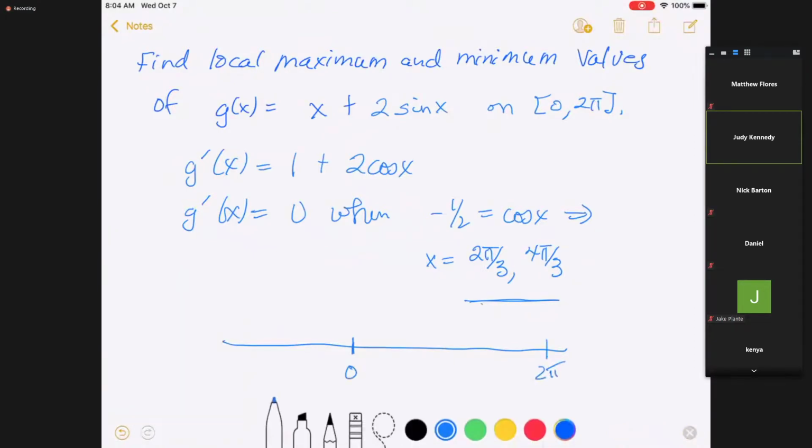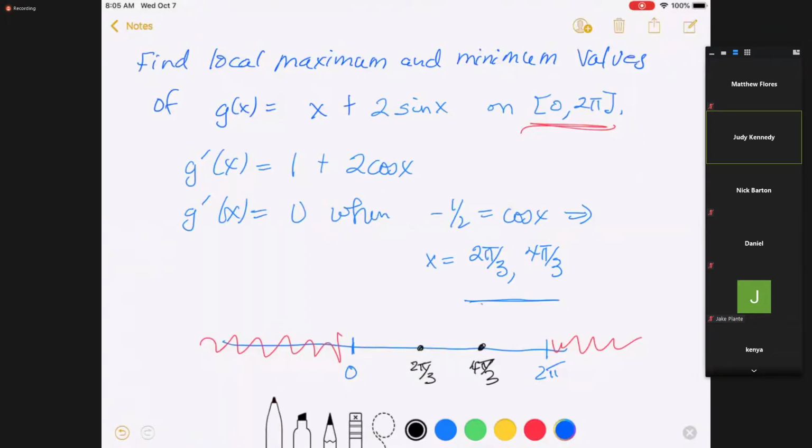So essentially, I'm ignoring anything outside that interval, because of that condition in the problem. And then we got 2 pi over 3 and 4 pi over 3, the two critical numbers.